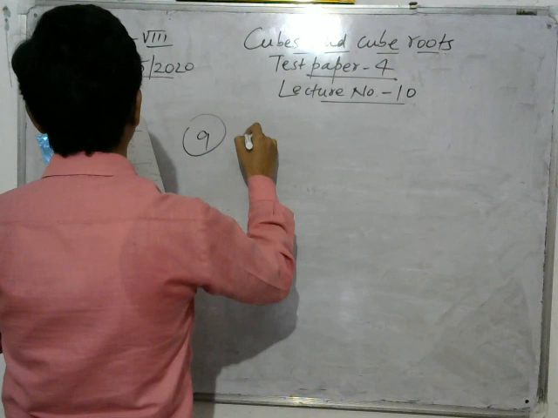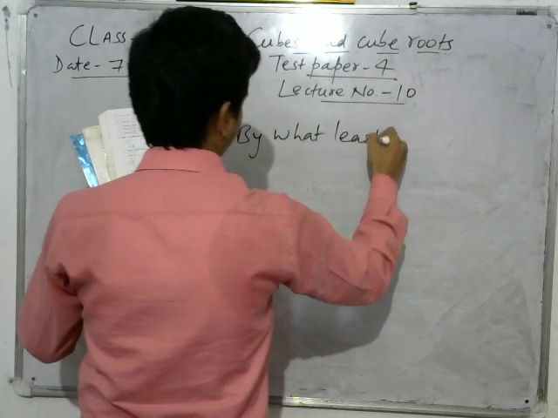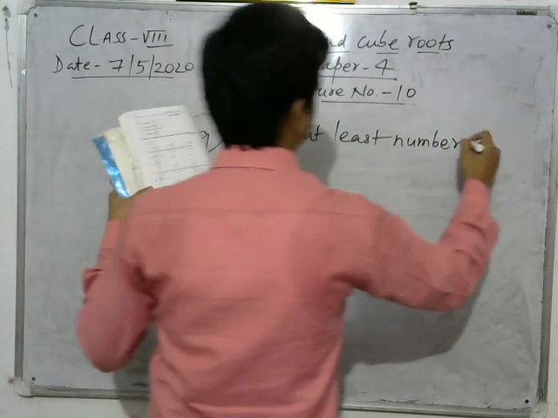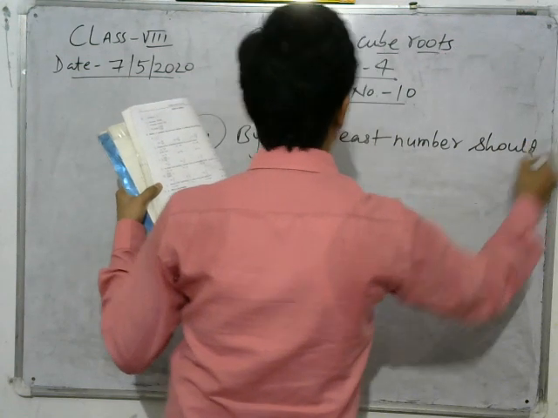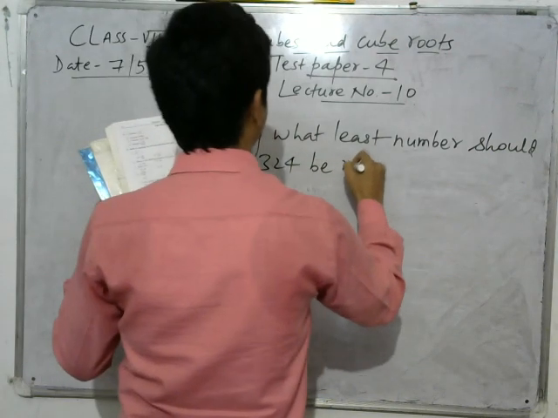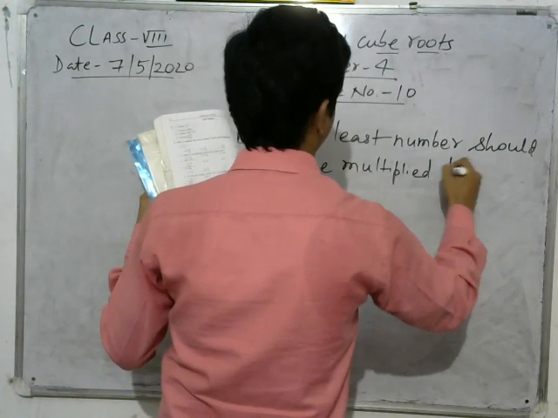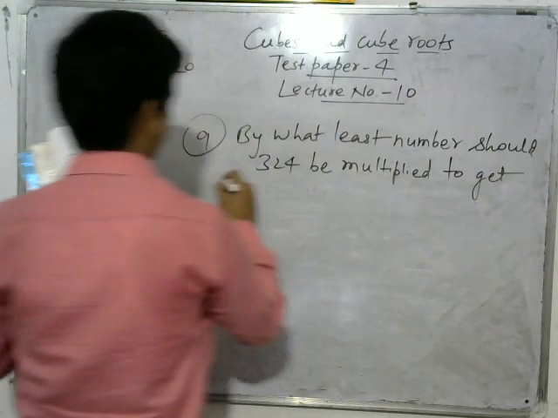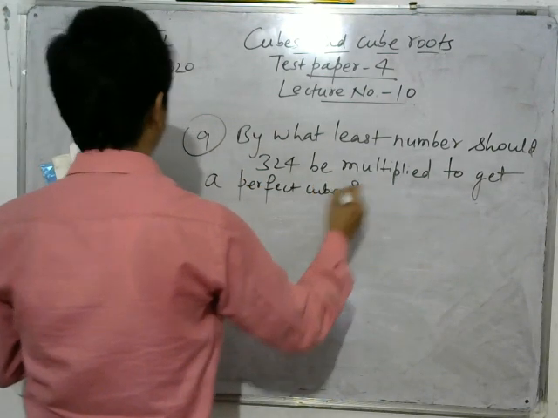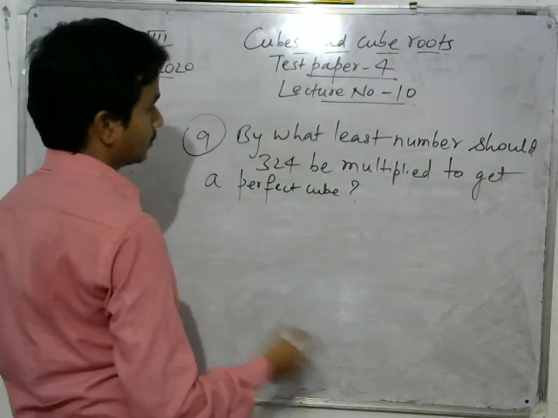By what least number should 324 be multiplied to get a perfect cube?